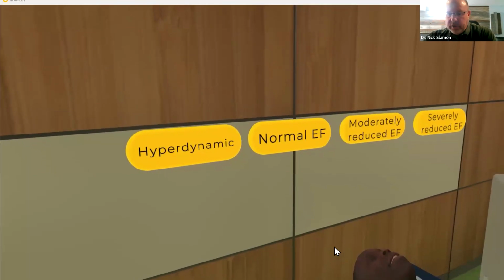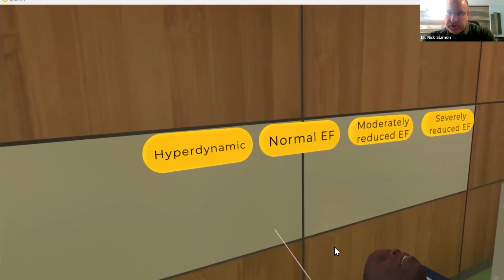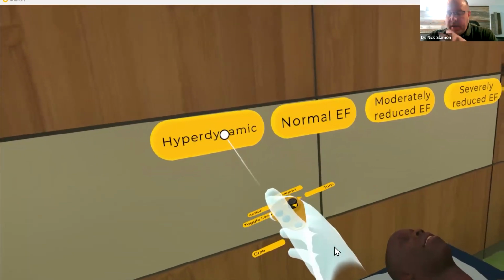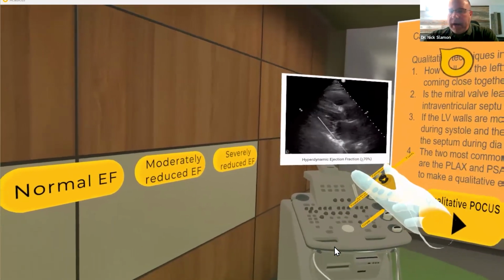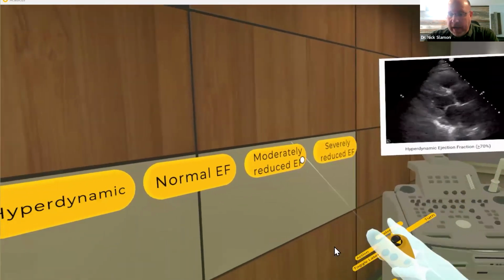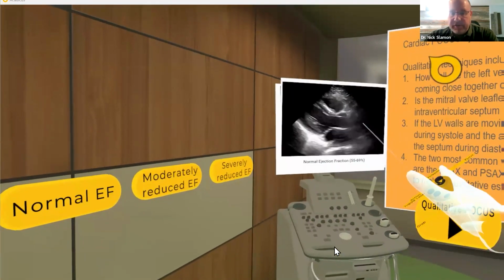So it could be linked to the position of the probe on the chest. So if you click the button, it'll tell you where to put the probe properly. It could be linked to a video display that we can put on the monitor to show you what the typical echocardiogram would look like if it was normal versus if it was severe.